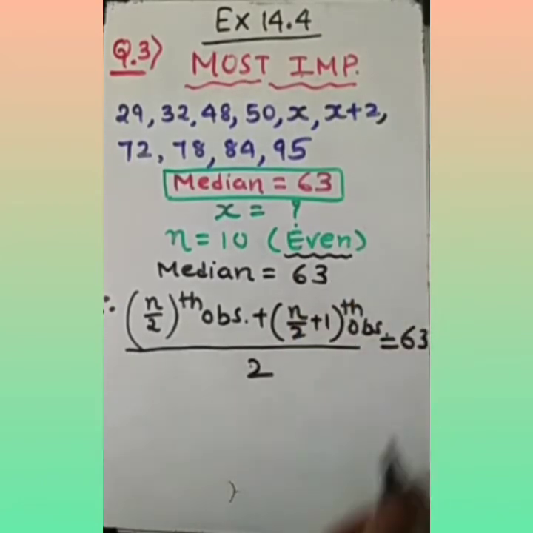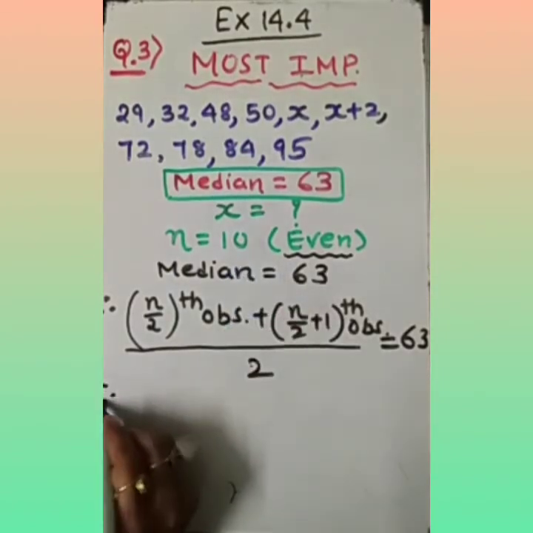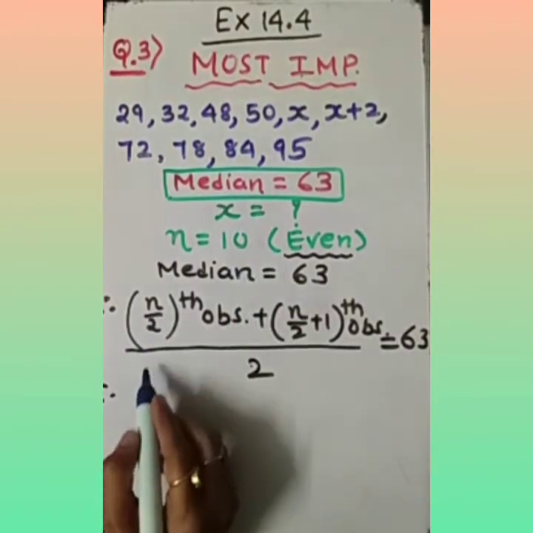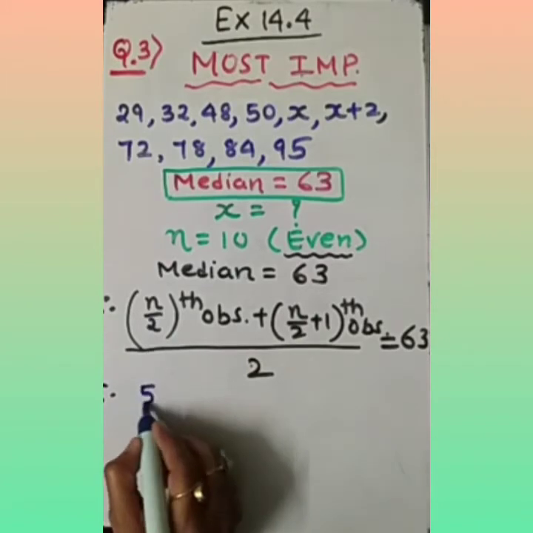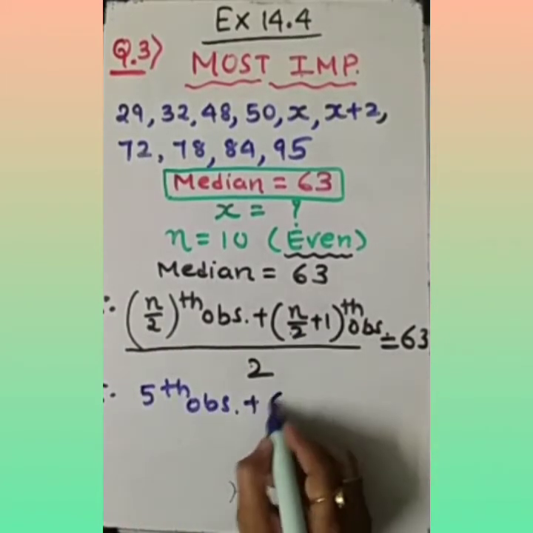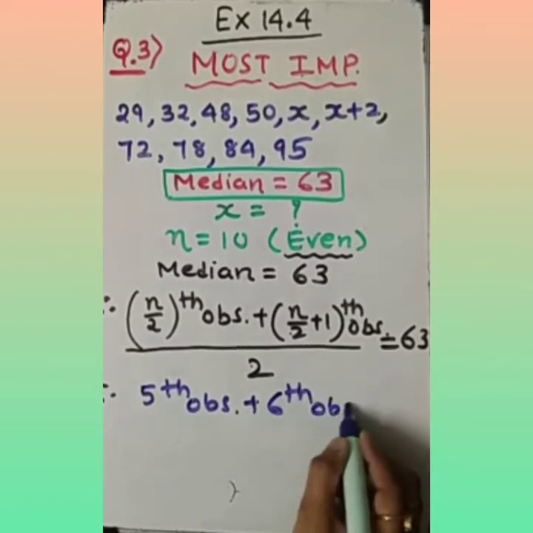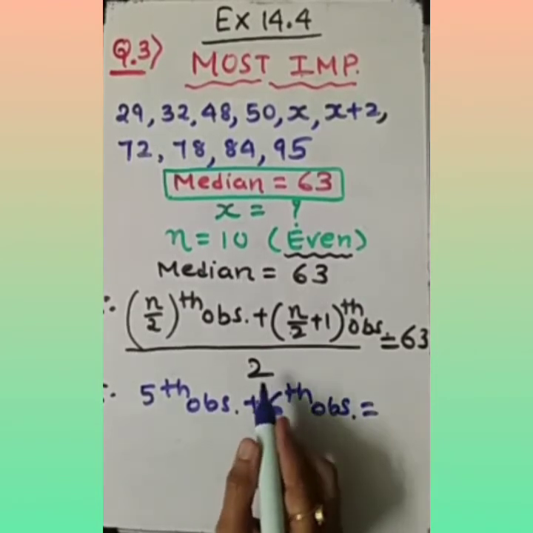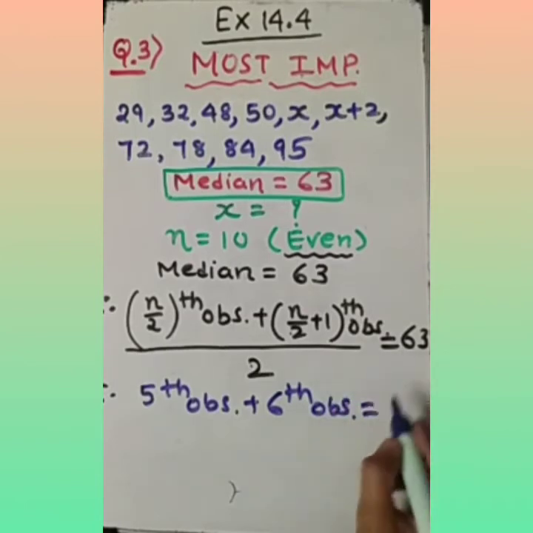As the median is already given, we need to compare it. Got it? So what is n here? n is 10. So 10 by 2 means the 5th observation. And of course 10 by 2 plus 1 will be the 6th observation. And this 2 will be multiplied across, that is cross multiplication: 63 into 2.